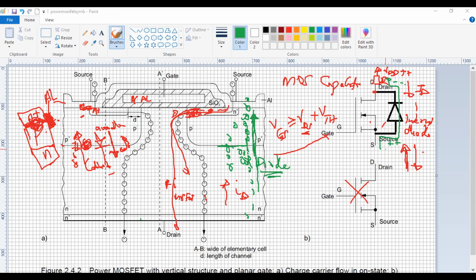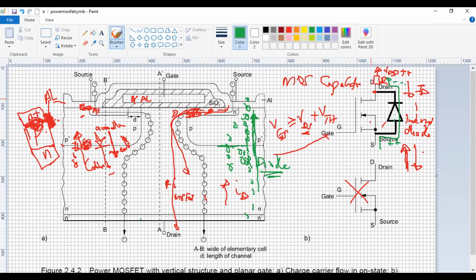But again, like I said, this doesn't happen at the same time, because when the normal transistor is on, the voltage at the drain is greater than the voltage at the source, and then automatically that reverse biases this diode. So this diode would definitely be off.